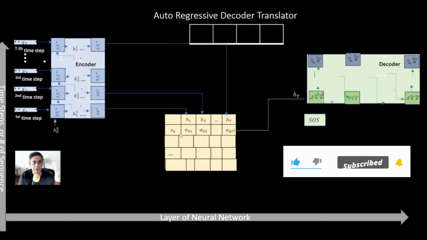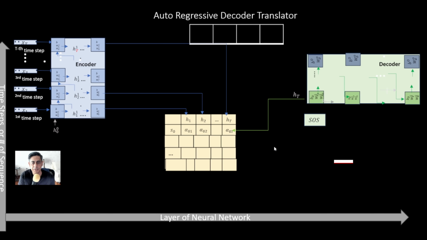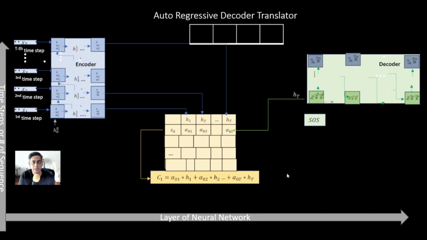So this will be calculated now. Using this attention weight, it will create the context vector. This context vector is now going to help SOS understand what the output should be, and the output will be as expected. First it will give the hidden state, and then the final output y1 will come.